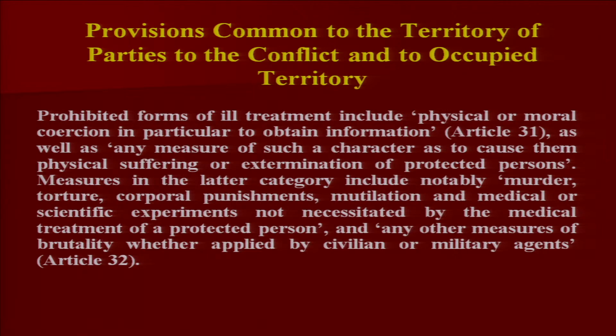The fourth convention as well as the first protocol of 1977 also prohibits maltreatment of civilians, and there are certain examples such as physical or moral torture, coercion, particularly to obtain information, as well as any measure of such a character as to cause them physical suffering, or extermination of protected persons.